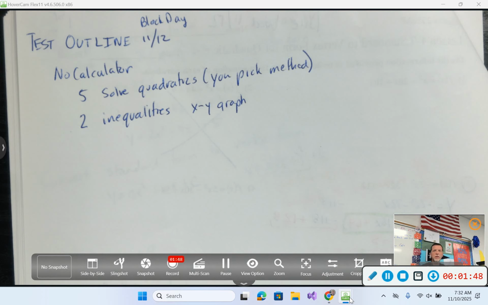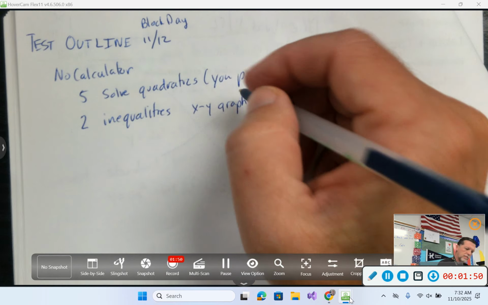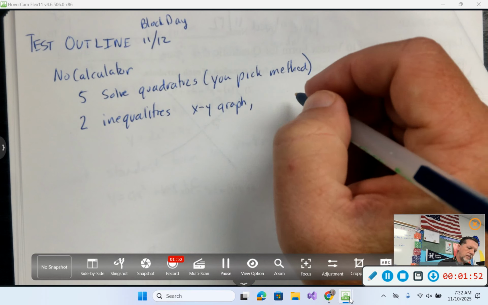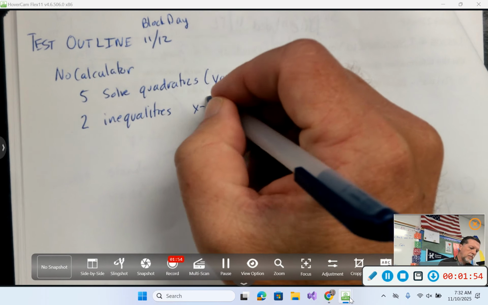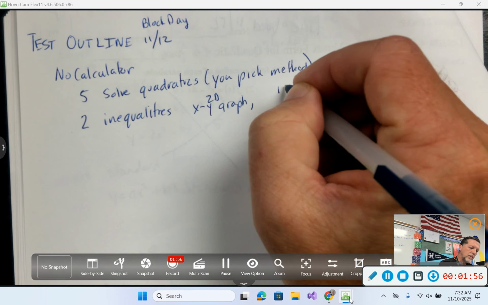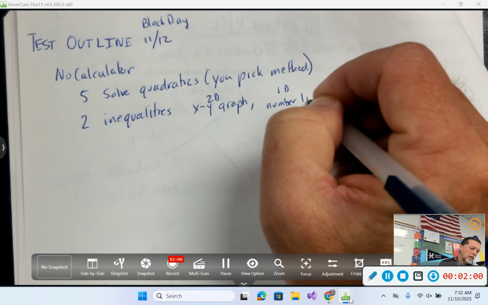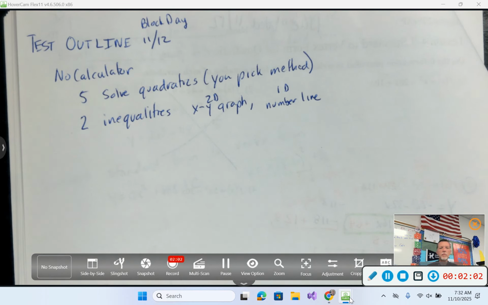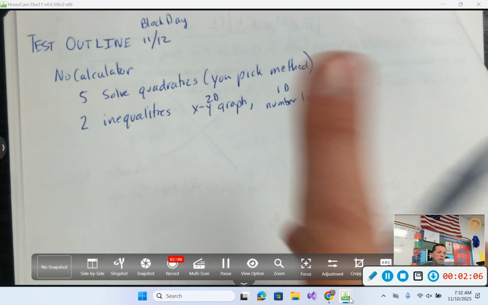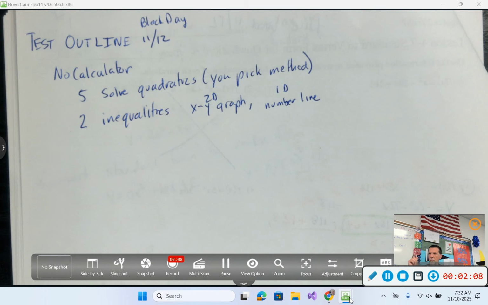One is 2D and one is 1D. So one of them ends up on a number line, and one of them ends up on the XY graph. The number line one, that's where you pick points on the interval, or you sketch in the parabola and figure out where it's above or below your number line.